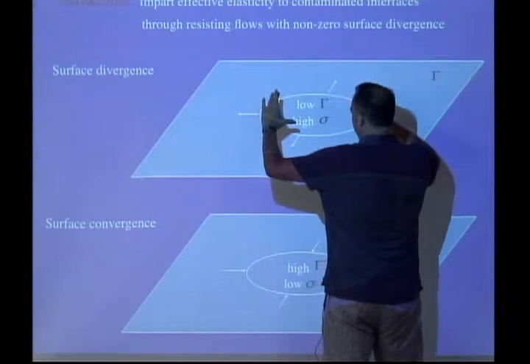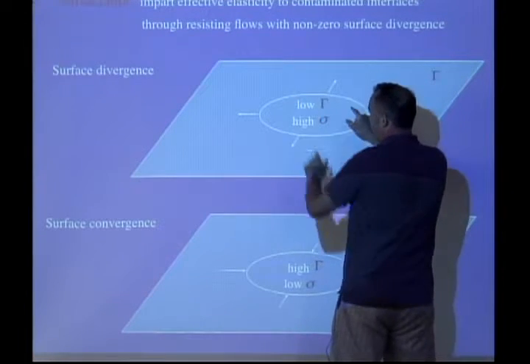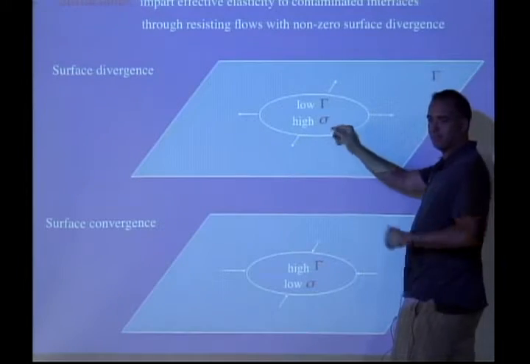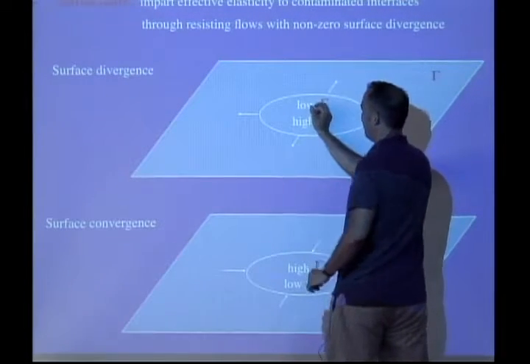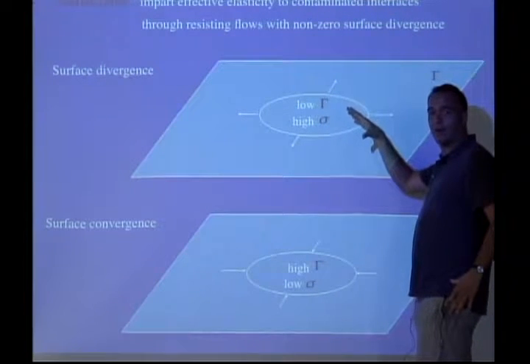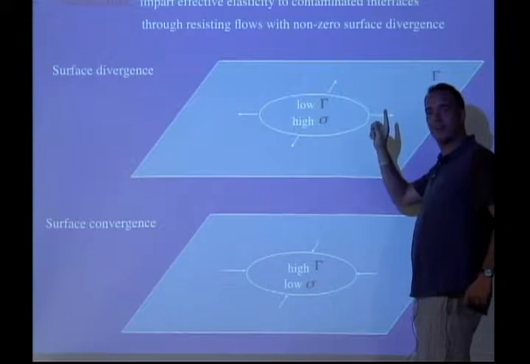So we have non-zero surface divergence, which means that because of the presence of the surfactant, the concentration is decreasing here, right? So we're taking a little circle of fluid and it's expanding radially. So we're decreasing the surfactant concentration inside, which means that you're increasing the surface tension, right?